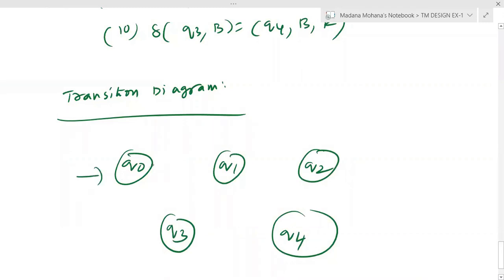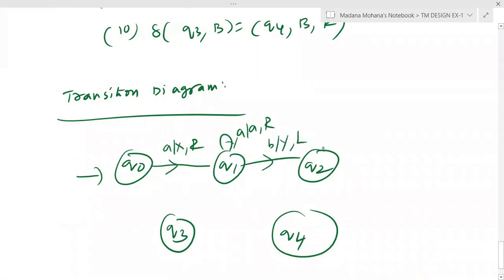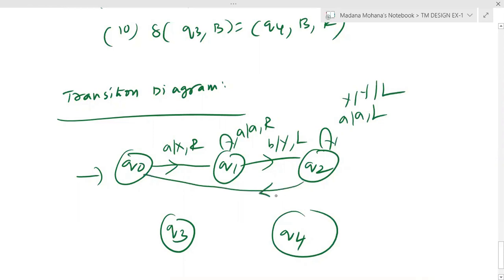First, Q0 on A by X comma R. Then Q1 on A by A moves right. Then Q1 on B by Y left. Then at Q2, whenever we find A, A by A moves left, then Y by Y moves left. Then whenever it sees X, that is X by X moves right.